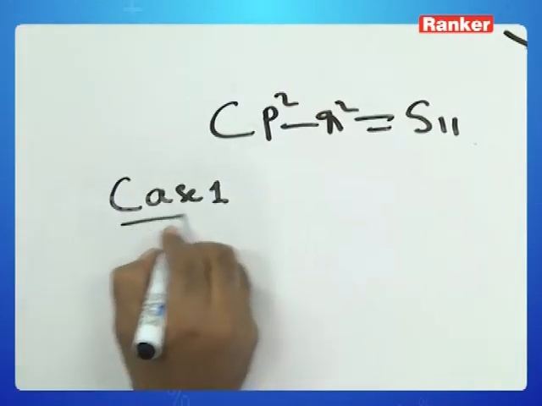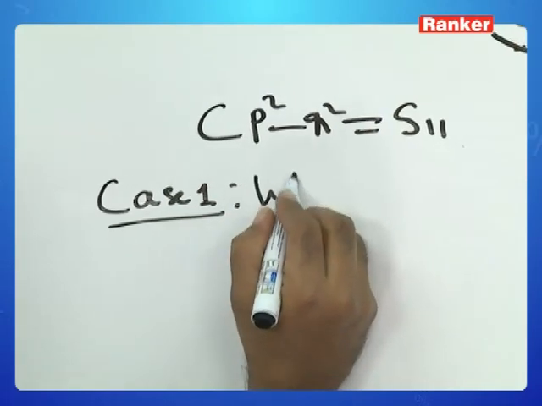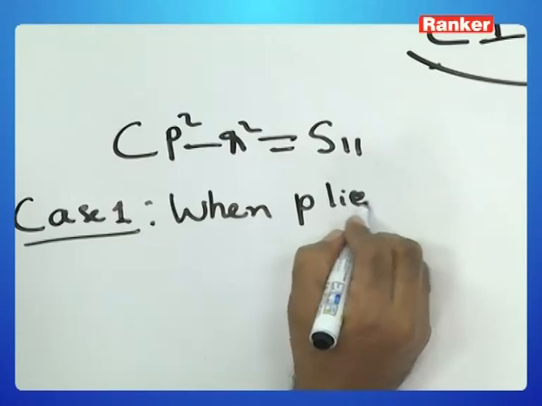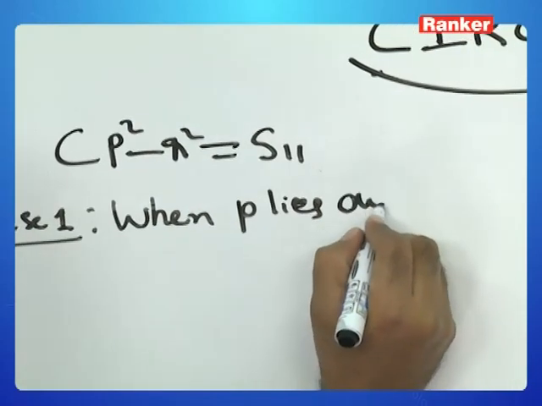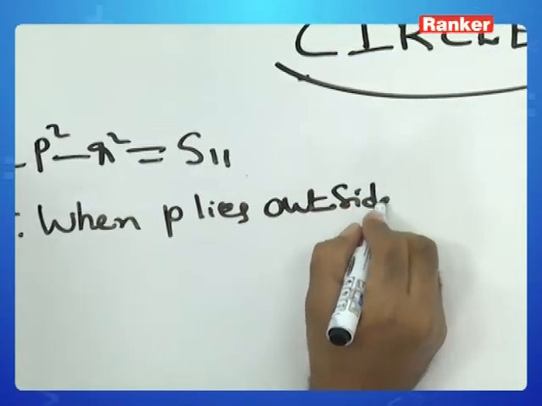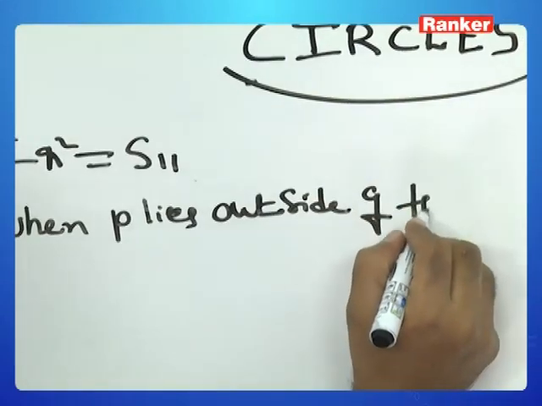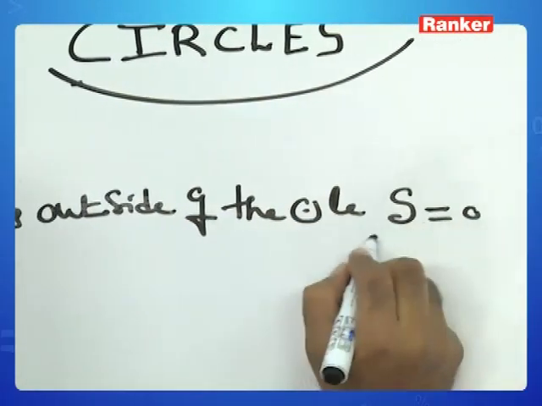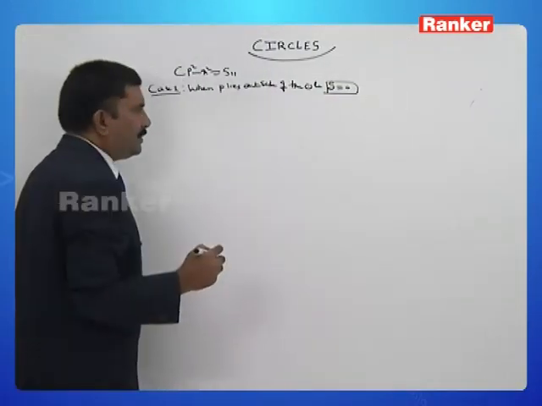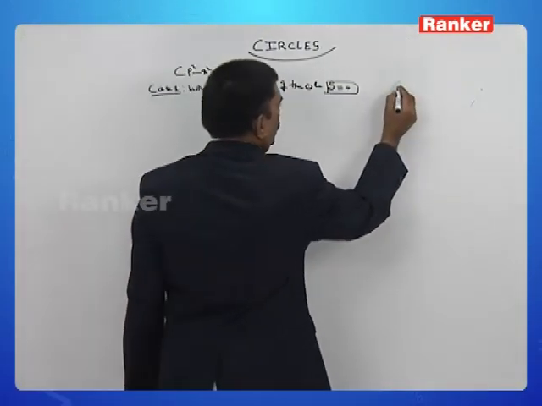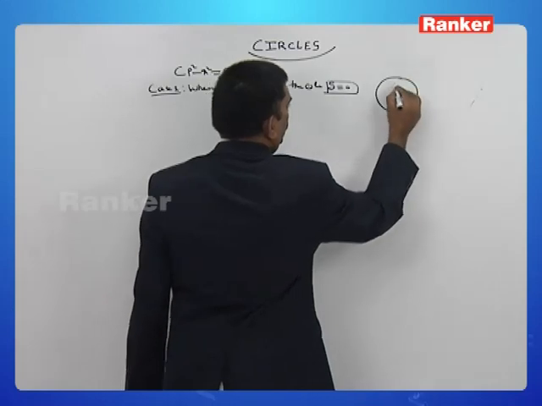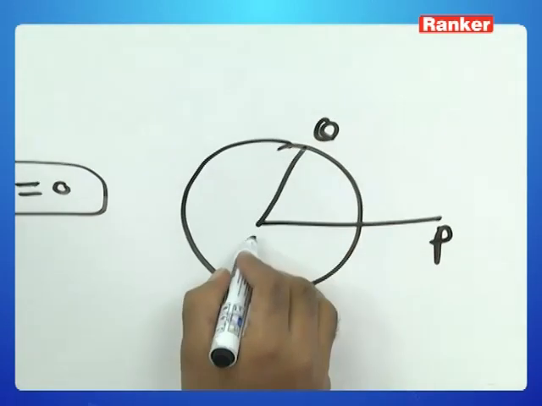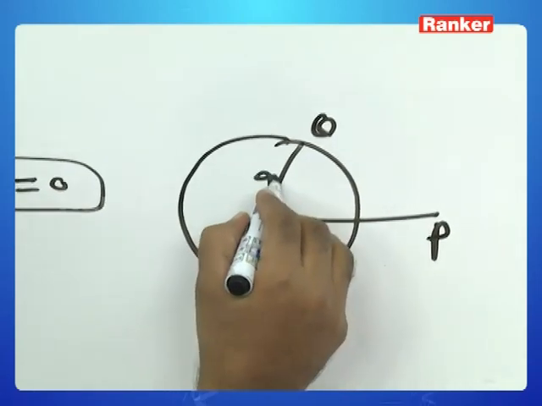So now I go for case 1. What is case 1? When P lies outside of the circle, S is equal to 0. Let us take the figure in this way. This is P, this is Q, this is C the center, this is the radius.